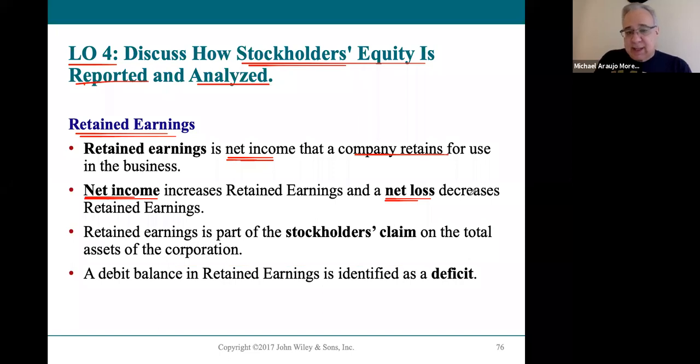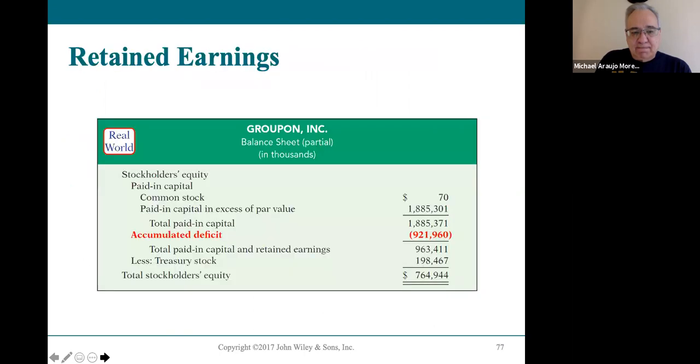So it's not like it's an uncommon thing that happens. Well, basically speaking, you can have a debit balance in retained earnings because that is considered a deficit. So you can have a retained earnings deficit, or as you'll see, there's other names for it. So retained earnings is a very interesting account in that regard.